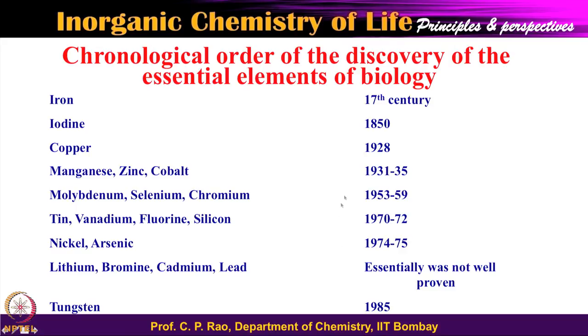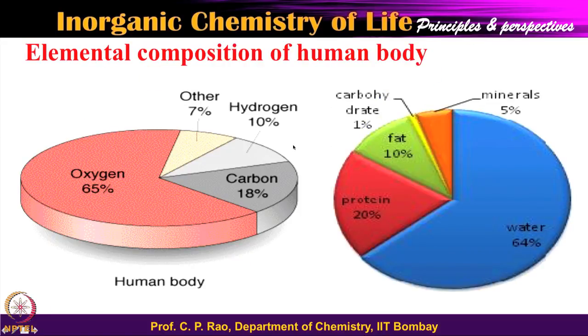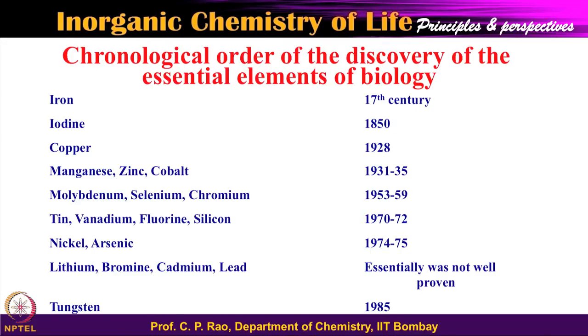So, for this I would take you back 200 to 300 years into the history of life. If you look at the history of life and the essential elements, as early as the 17th century people knew that iron is essential, and in the mid 19th century, which is 1850, people knew that iodine is also important.